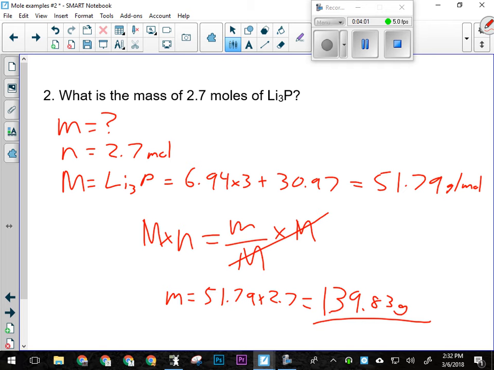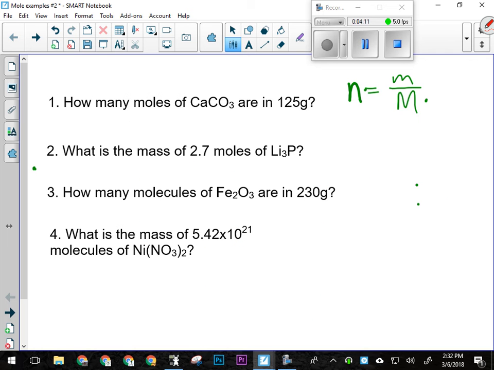The next 2 questions are going to involve that extra step using Avogadro's number. Remember that Avogadro's number is 6.02 times 10 to the 23.